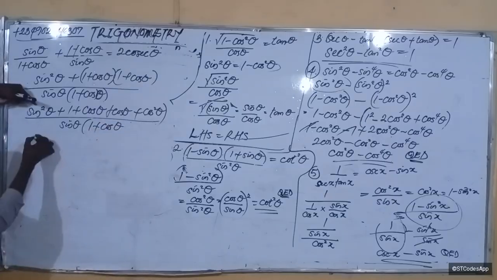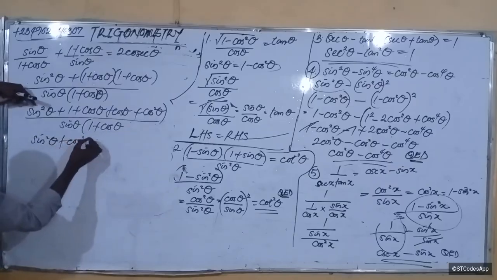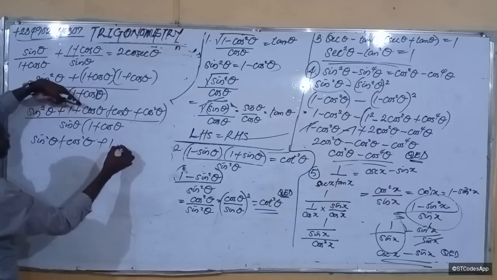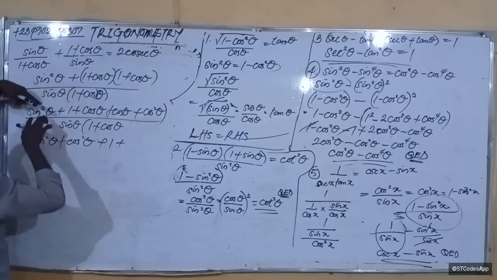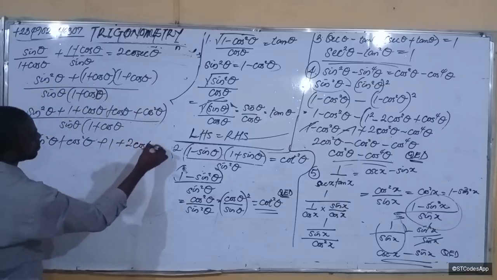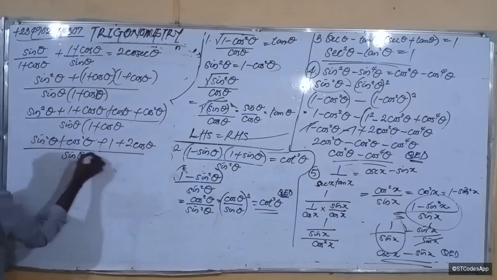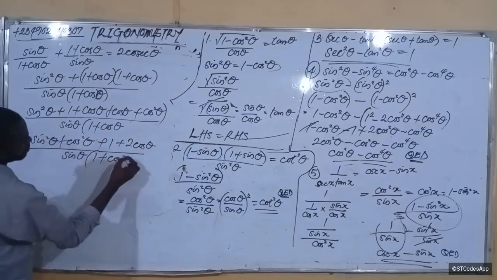So from here, we'll have that sine squared theta plus cos squared theta plus 1. You know, I've already collected this, and then plus 1 plus cos theta, 2 cos thetas, right? All over sine theta into bracket 1 plus cos theta.